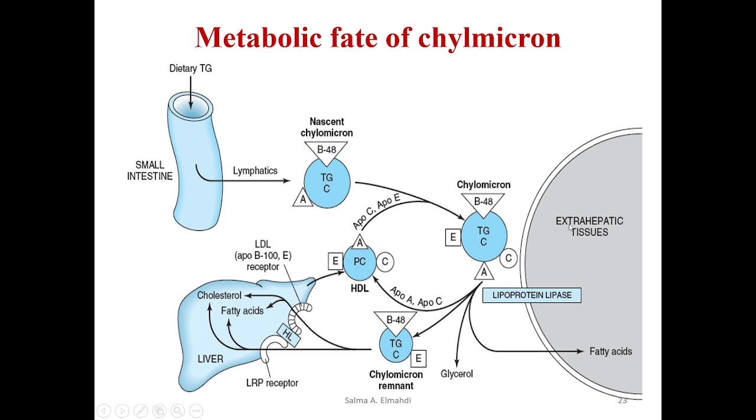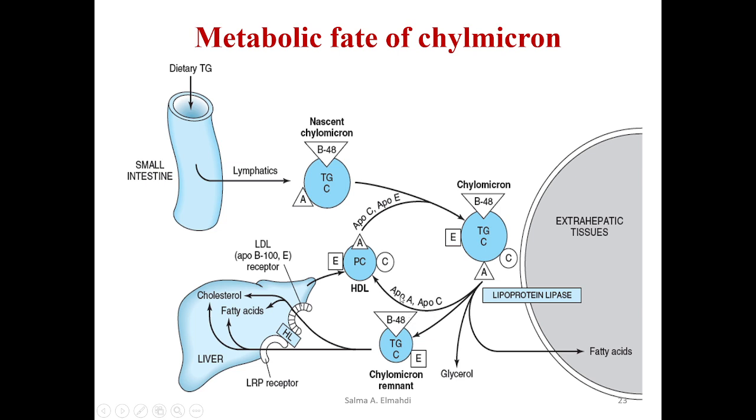This goes to the extrahepatic tissues, where lipoprotein lipase hydrolyzes the triacylglycerol content. The free fatty acids will enter the extrahepatic tissues, into the inside of the cell. Glycerol will be released. What is left from the chylomicron is a chylomicron remnant.